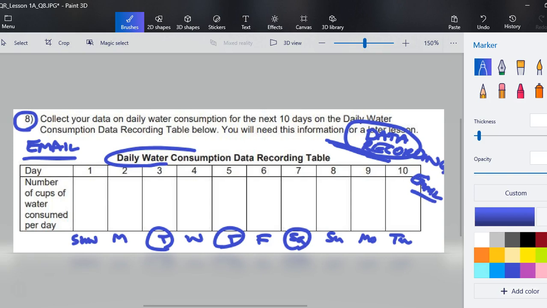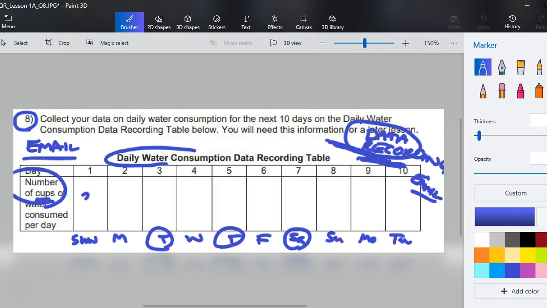So whatever your typical week looks like, I would like you to write in the number of cups of water consumed per day. Then you can take a scan of this and a scan of your data recording sheets and upload those or attach them, send them to my email. My email address is in that assignment list I keep mentioning, which is in my math lab on the announcements page. So you would do something like this, and remember, a cup is 8 ounces.